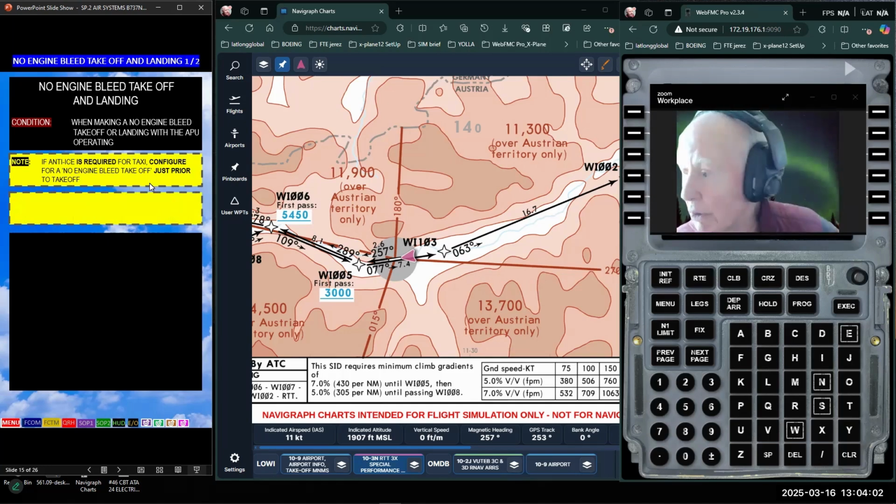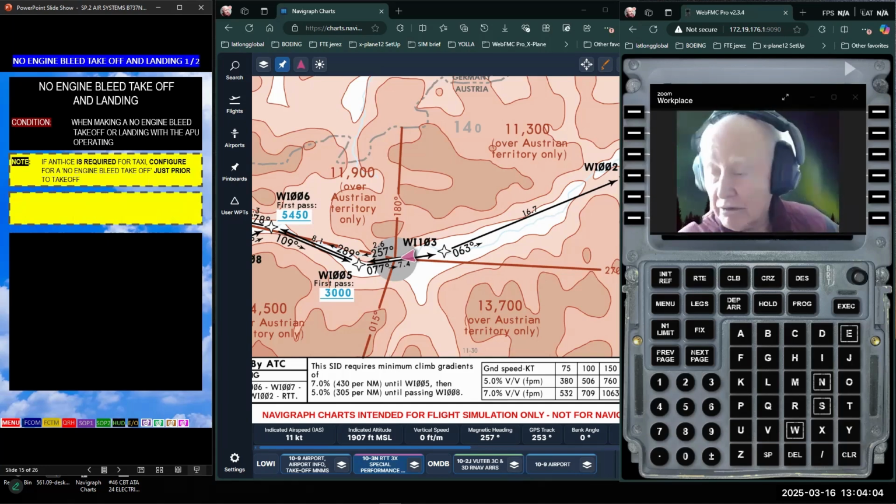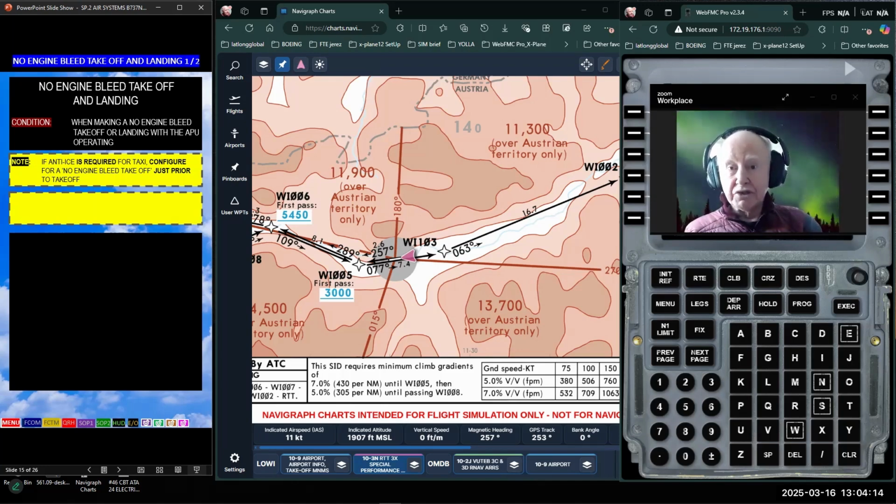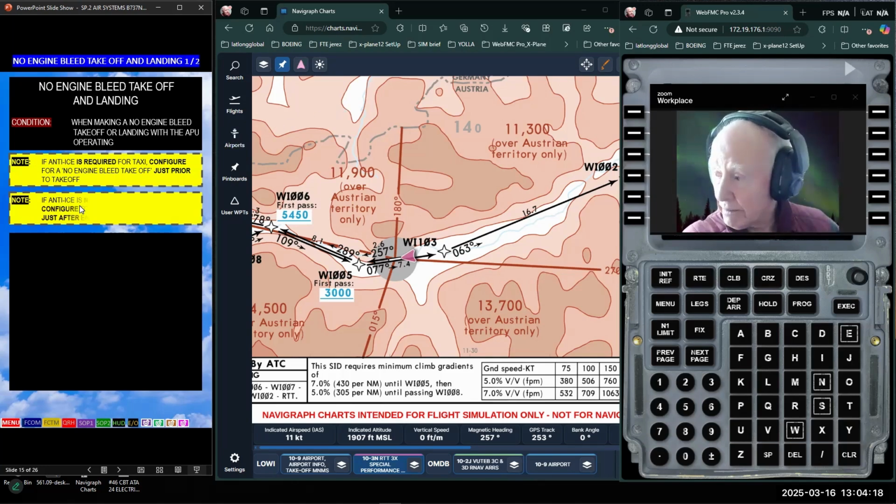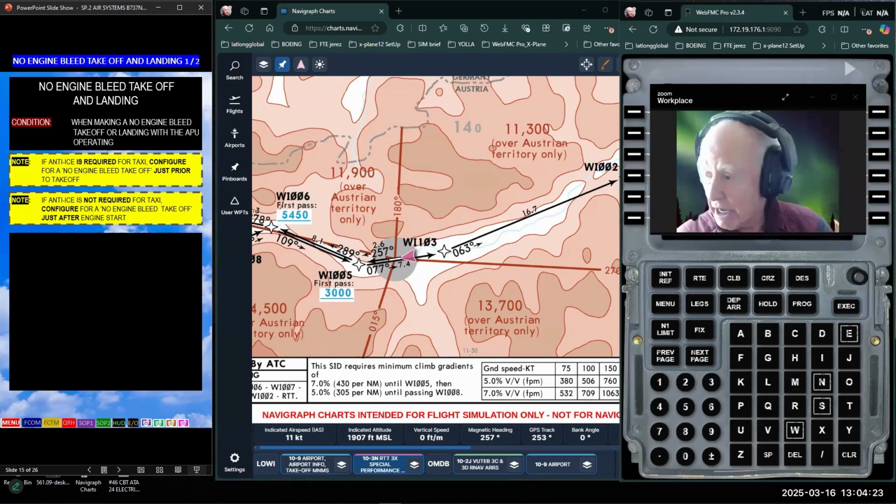If anti-ice is required for taxi, configure for a no engine bleed takeoff just prior to takeoff. Of course, it makes sense. You need the engine bleed for the anti-ice if that was the case. Not the case today. If anti-ice is not required, that's our case today, for taxi, configure for a no engine bleed takeoff just after engine start.